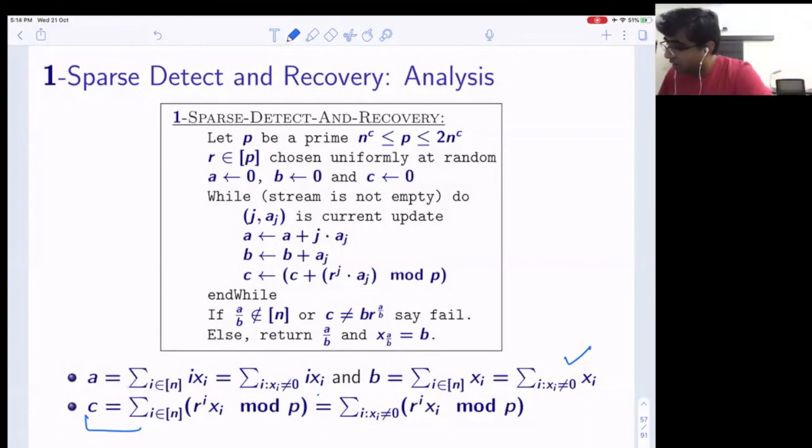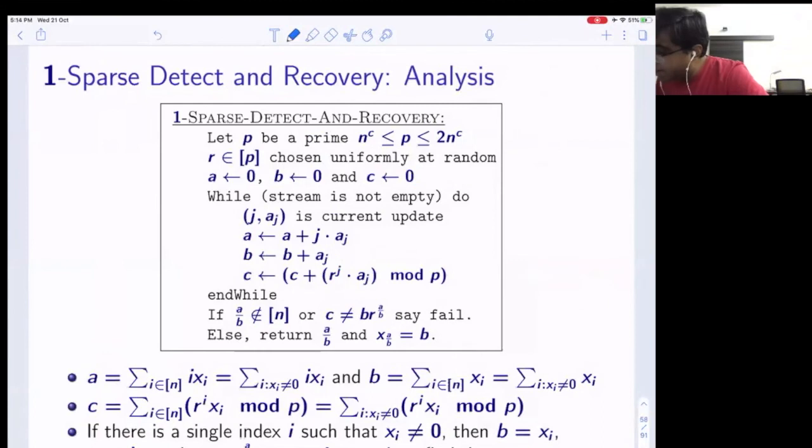But now if there is a single index i so that x_i is not equal to 0, then definitely B is equal to x_i, and A equals i times x_i. But what is C? C will only correspond to this random number which I have chosen from 1 to P, raised to the corresponding power. You are still summing the same thing, but with some extra R to the power i.